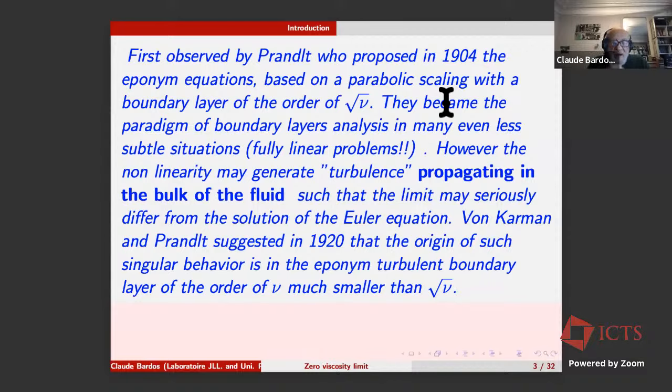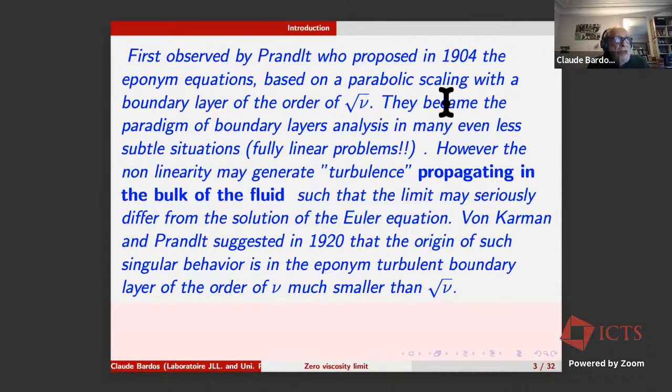Now, just from a mathematical point of view, from my experience, this is the first boundary layer analysis that was proposed to the mathematical community, and it was the origin, this parabolic scaling, of many other problems, many nonlinear problems. But they turn out to be the most subtle one.